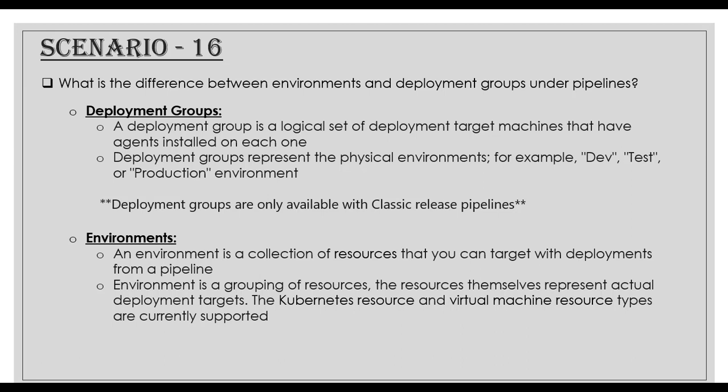Besides grouping of resources, with environments there are multiple other advantages, such as you can have deployment history, traceability of commits, you can even diagnose resource health, and you can even play around with permissions in environments. So these are the core differences between deployment groups and environments. Keep in mind, deployment group is only supported by classic, whereas environments are only supported by YAML based pipelines. Okay, let's move on to the next question.